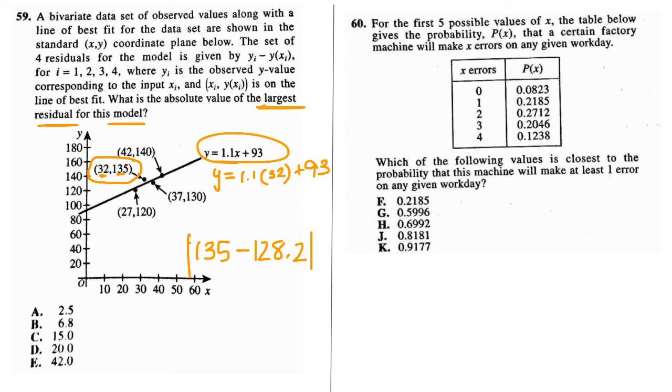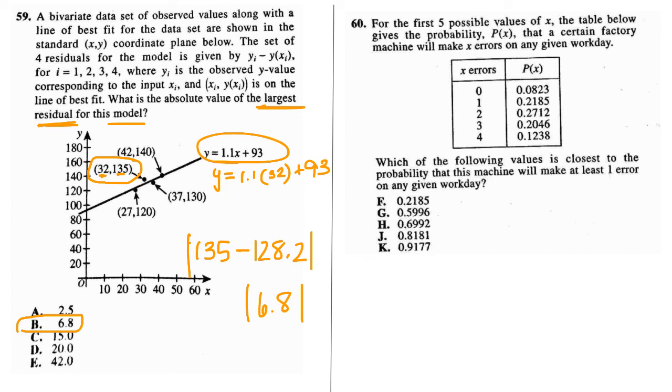If you subtract those two, you're going to get the absolute value of 6.8. So that's going to be answer choice B. Notice the point 32, 135 is the furthest point away from our line of best fit. So that's how you determine where to start.